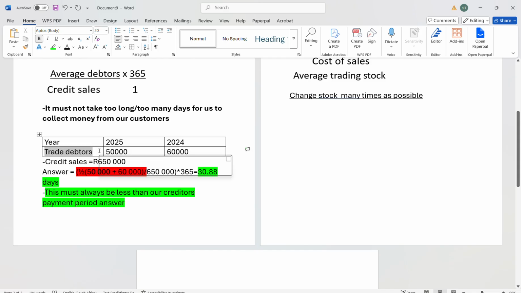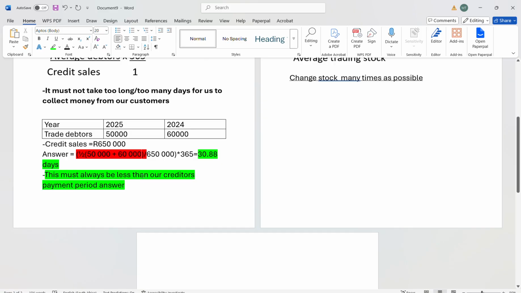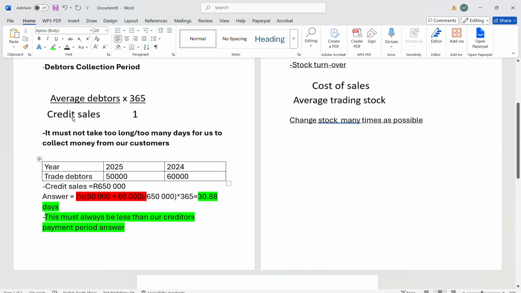Then we have our trade debtors, which means our debtors, with the amounts in rands: 60,000 here and 50,000 here. Then we have our credit sales amounting to 650k. Then the question says calculate the debtors collection period.